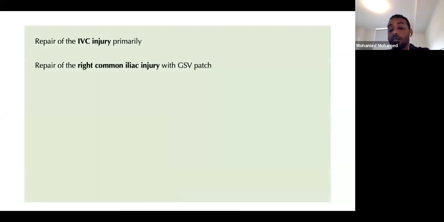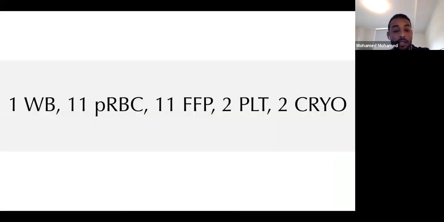So they did repair the posterior area of the iliac artery and put a patch to repair the anterior surface of the common iliac. And at that point, the patient had received a total of 1 whole blood, 11 units of PRBCs, 11 of FFPs, 2 platelets, and 2 of cryo.